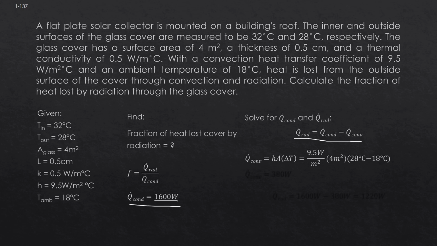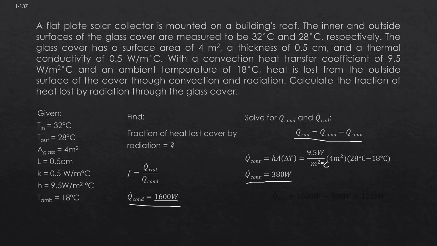So plugging in all our given values, we'll get 9.5 watts per square meters degree Celsius, times the area, which is 4 square meters, times the change in temperature, which is the outside temperature minus the ambient temperature. So we will get 28 degrees Celsius minus 18 degrees Celsius. Calculating, we will get Q dot convection is equal to 380 watts.